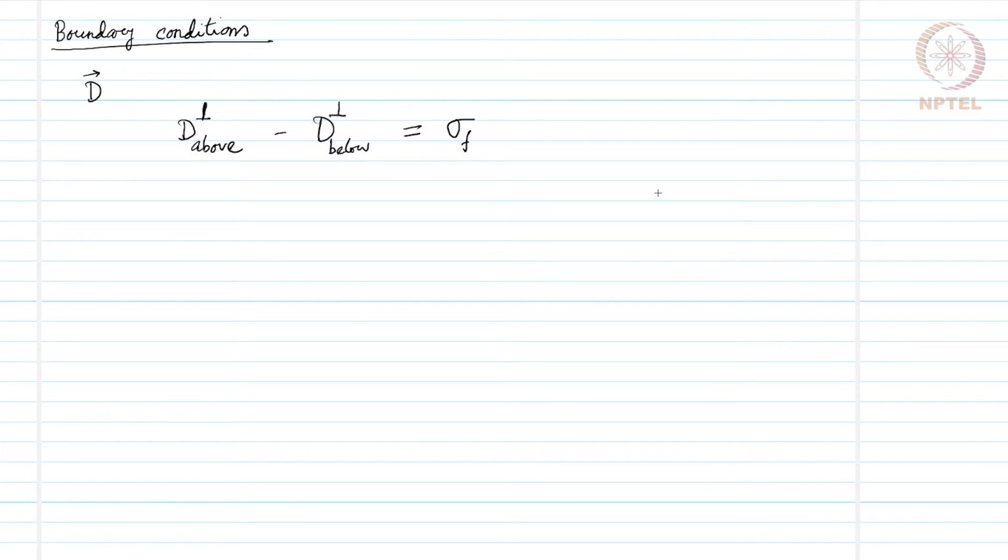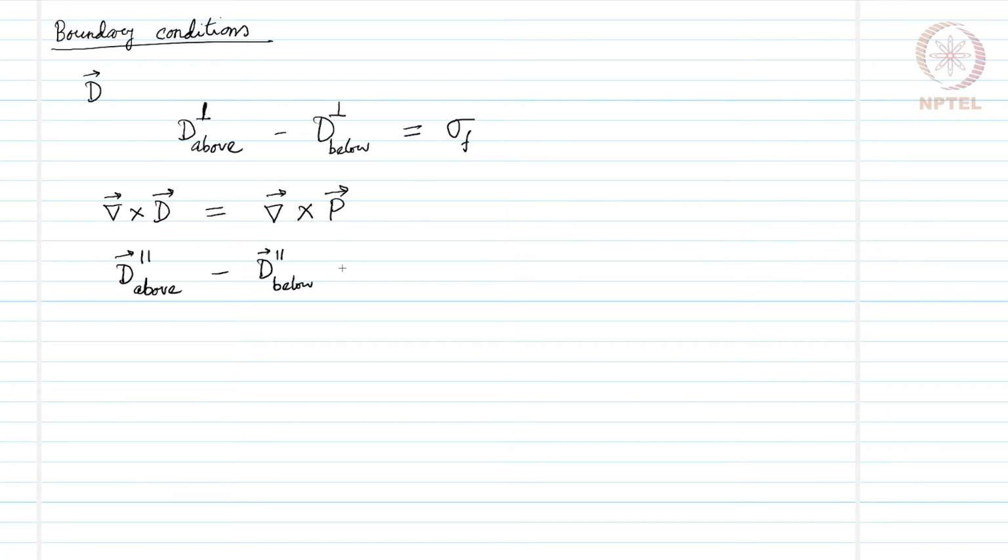Then what we do is we write down the curl of the displacement vector, and that, as we have found out earlier, is equal to the curl of the polarization vector. And that means the parallel component of the displacement vector above the surface minus the parallel component of the displacement vector below the surface.